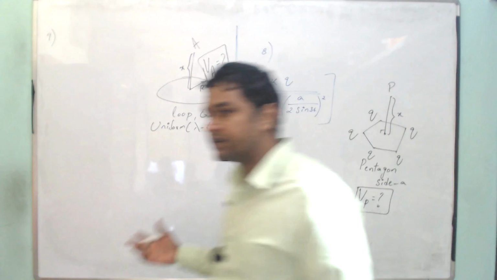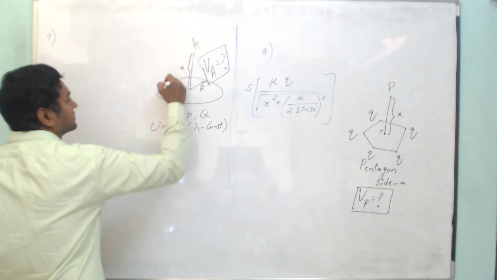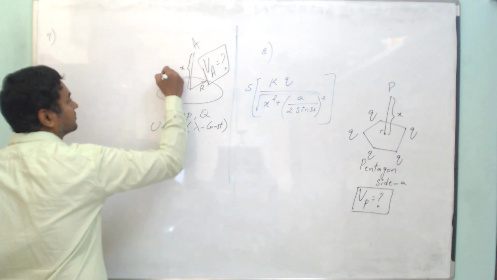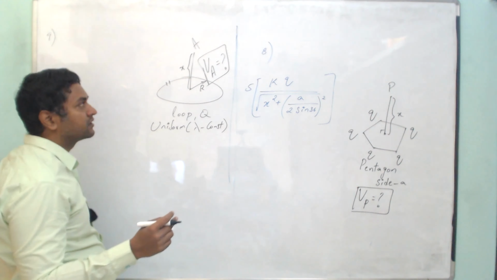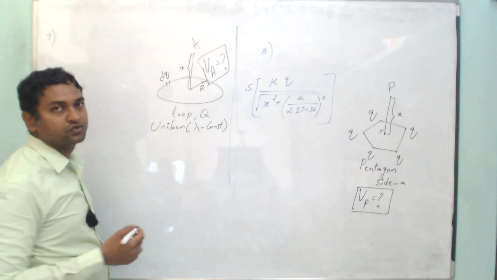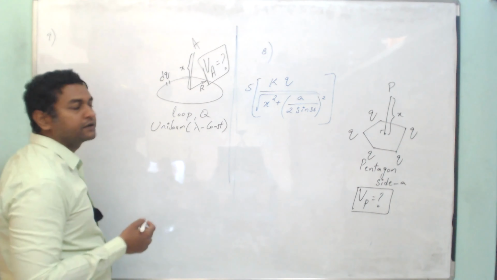Actually, I will write it straight away. You would have to integrate taking a small element, but I will show it to you. Suppose I take a small charge element dq.